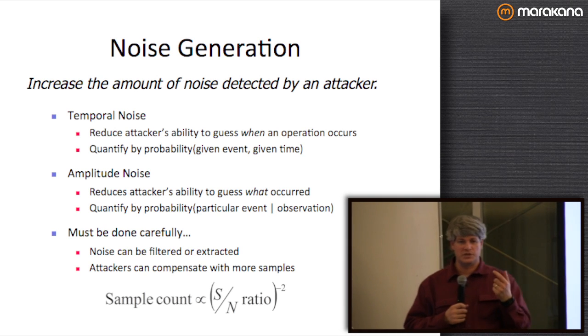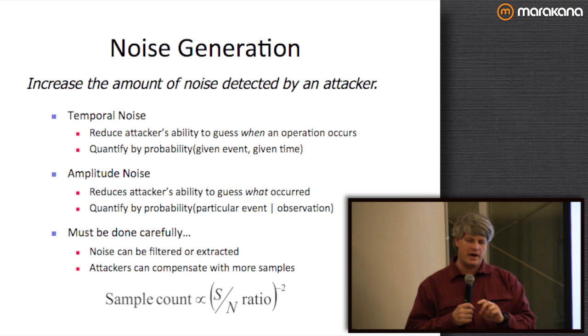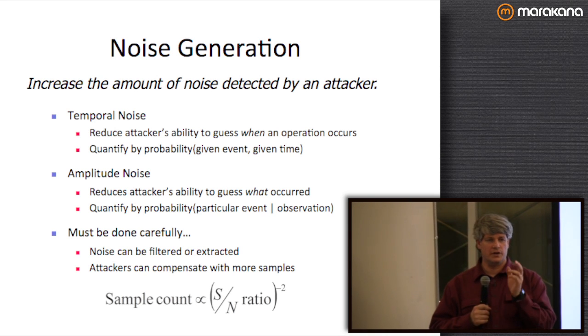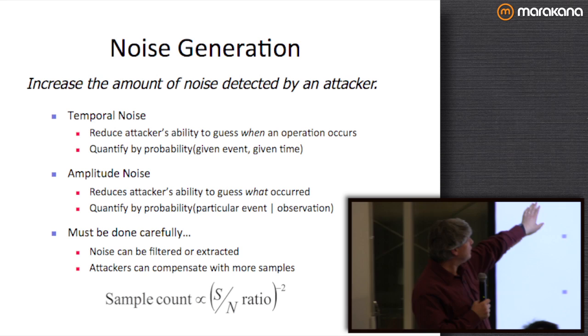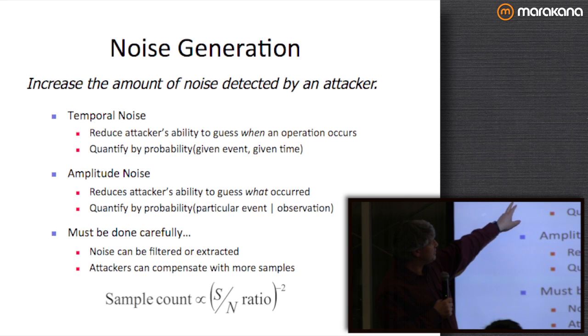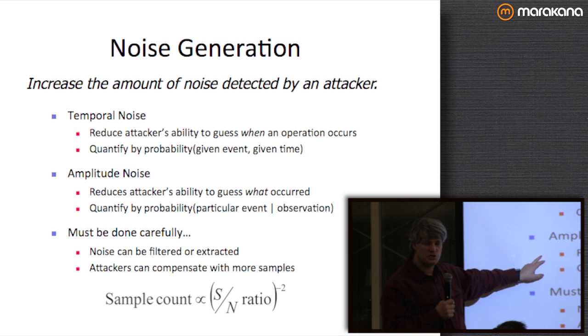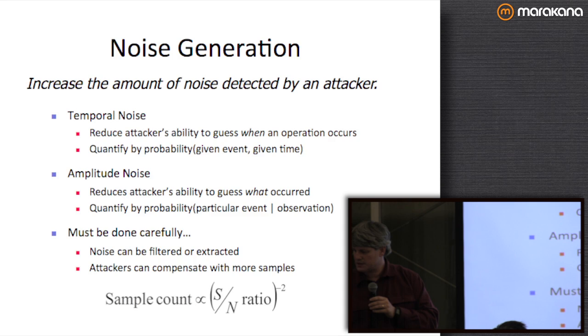So there was a question earlier about what do I do? So in a hardware implementation, you can generate some noise. You can turn on and off devices. You can insert jitter in your system. You can insert random operations. That's one possibility.